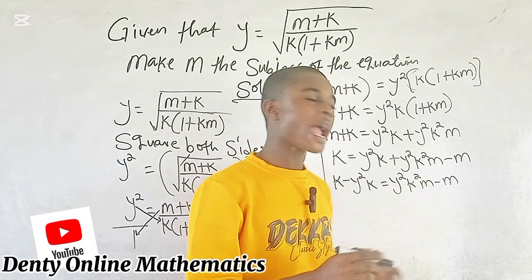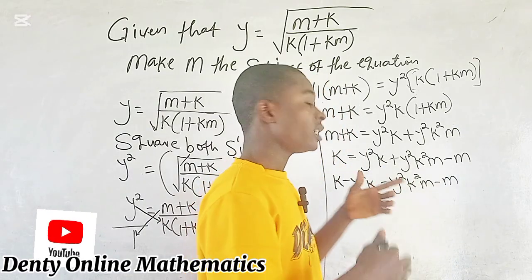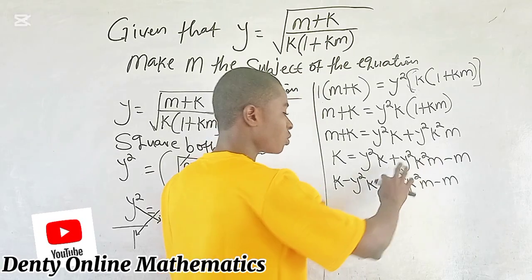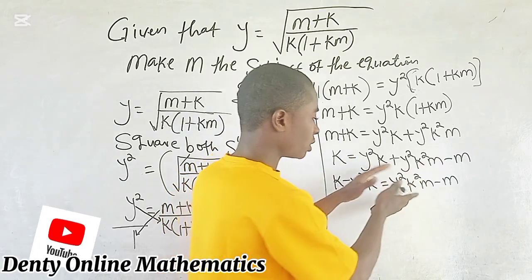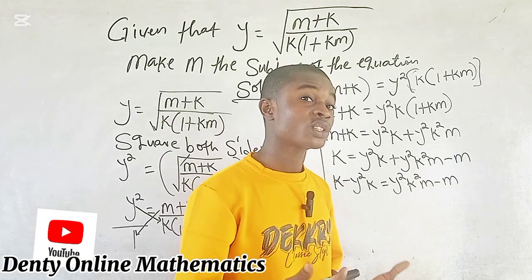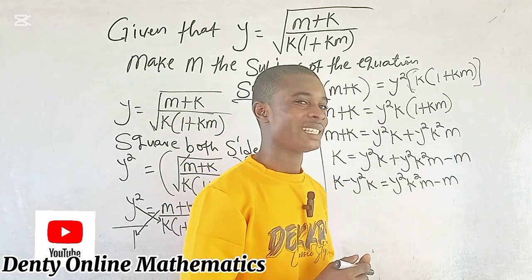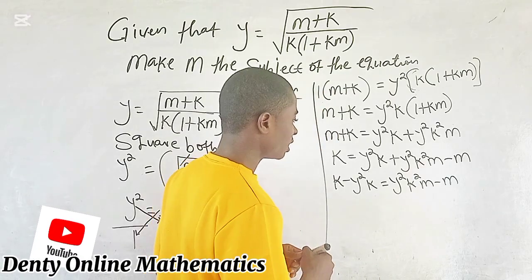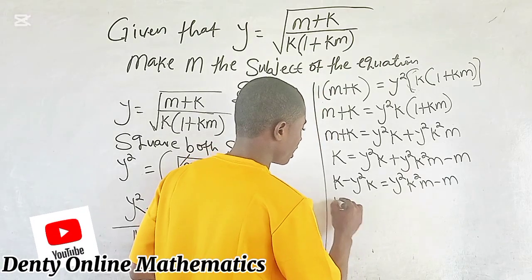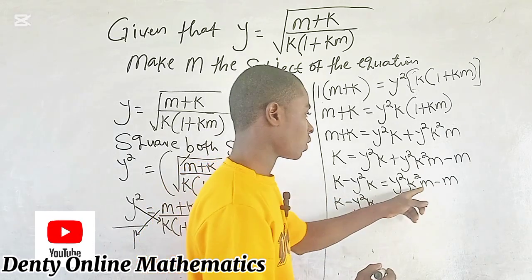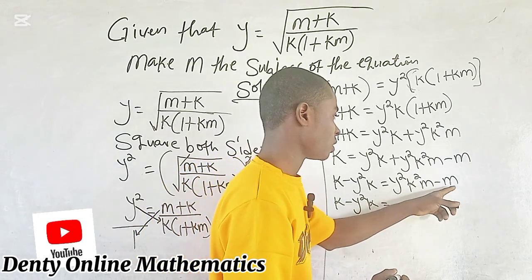You ask me, why did I move this over? It's because there's no m attached to it. So I want to make every variable that contains m to stand on its own, so that I can factor out m. You see, that's my target. So now I have k minus y squared k to be equal to, let me factor out m because I can see m here, I can also see m.